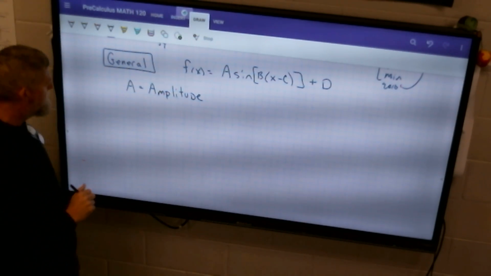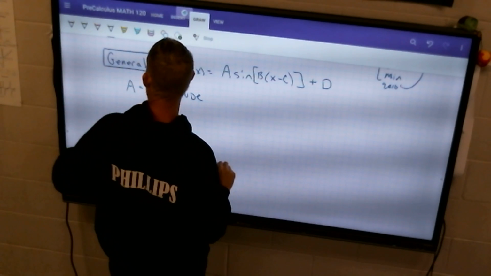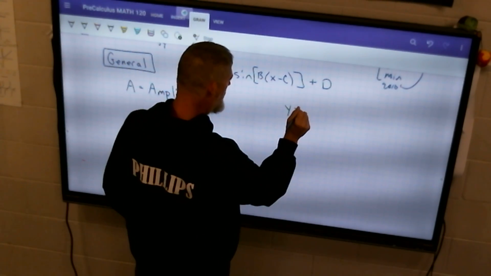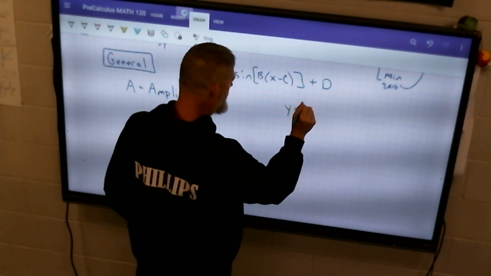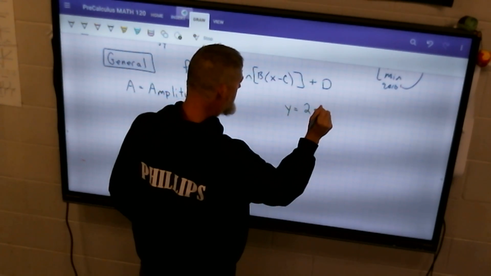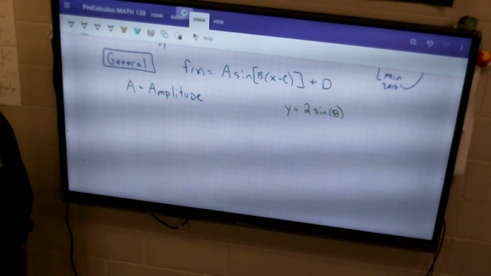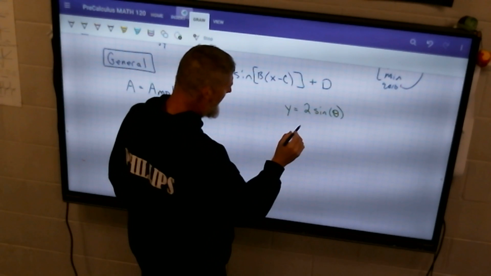So let's look at a basic one. Over here, I'll try to do some examples as we go so you see what they look like. So we have y equals 2 times the sine of theta. Something like that. So what would that look like when I graph it?